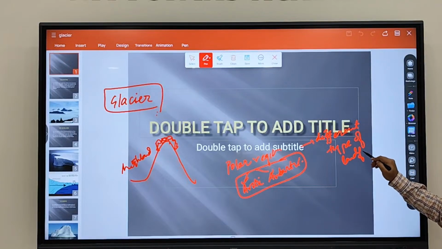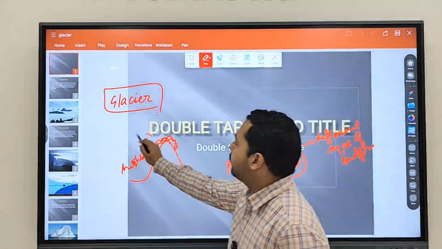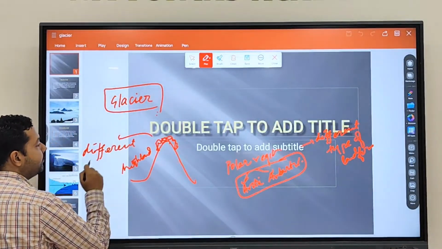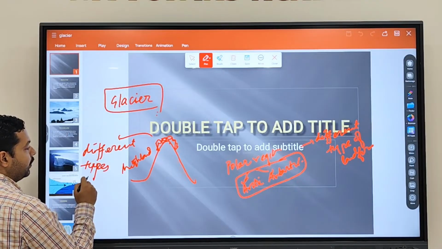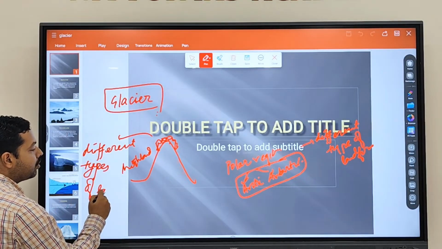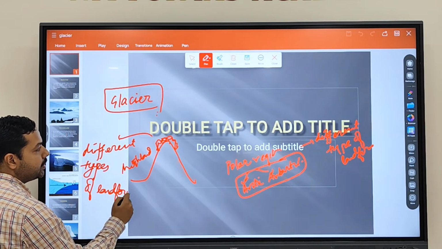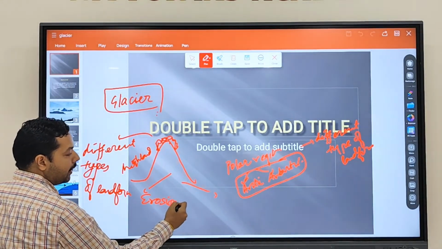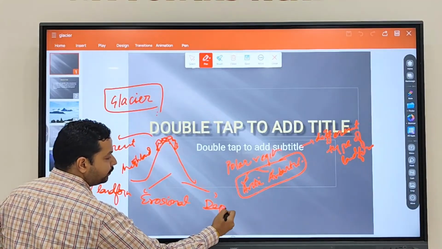And here also you'll see both erosional landforms and depositional landforms.